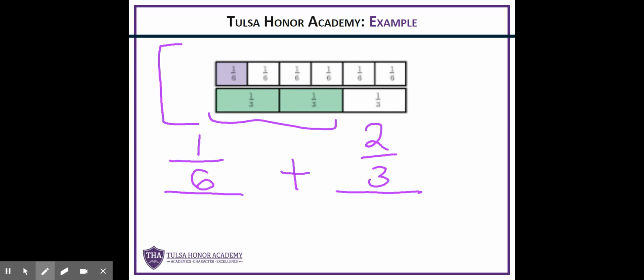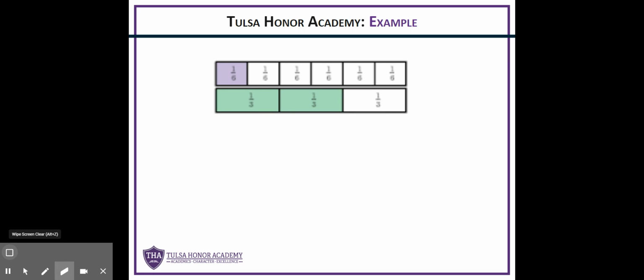Since these denominators are not the same, we have to make them the same. We know that 3 goes into 6, so we can make this fraction something over 6.